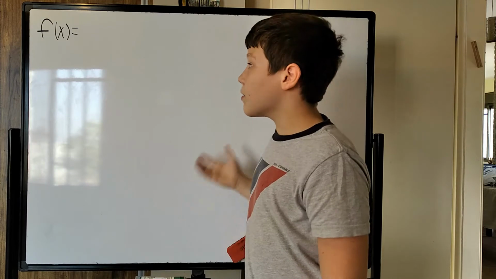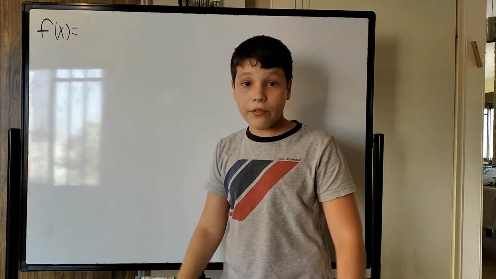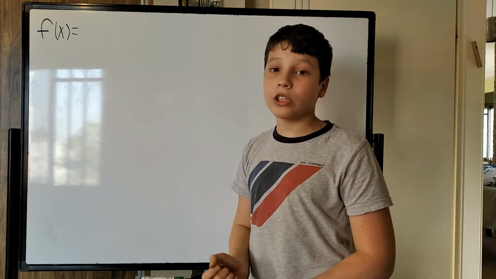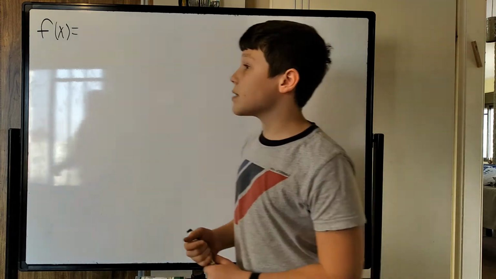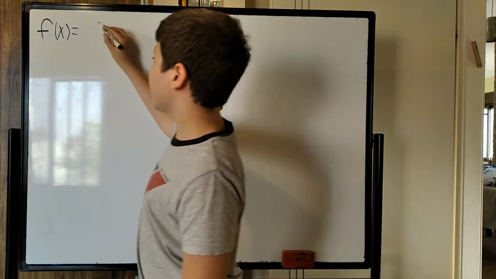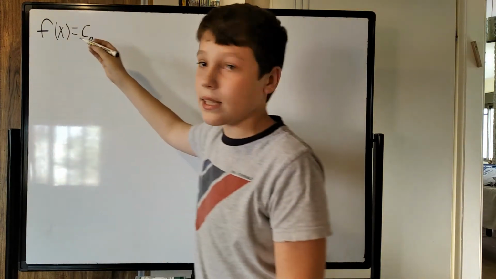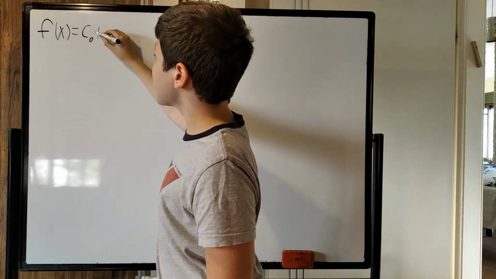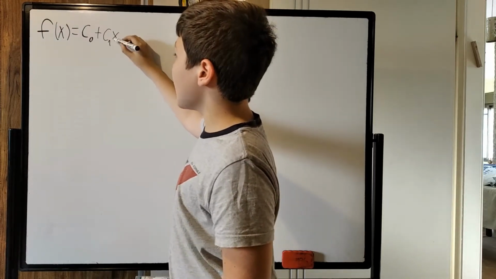So, the goal of this formula is to write any function, and I mean any function, exponential, trigonometric, whatever you want, as a polynomial. So, something like some constant c0, plus c1 times x.